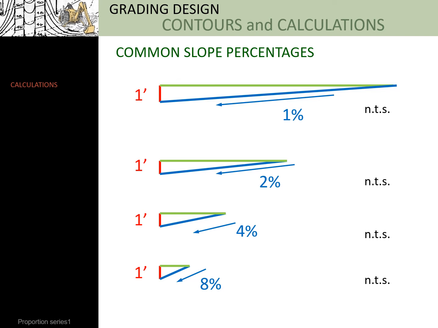So now, instead of asking for S, we're asking for H. Again, over the course of the semester, you should be able to very quickly know the horizontal spacing: for a 1% slope would be 100 feet, for 2%, 50 feet, 4%, 25, 8%, 12.5 feet apart contours.